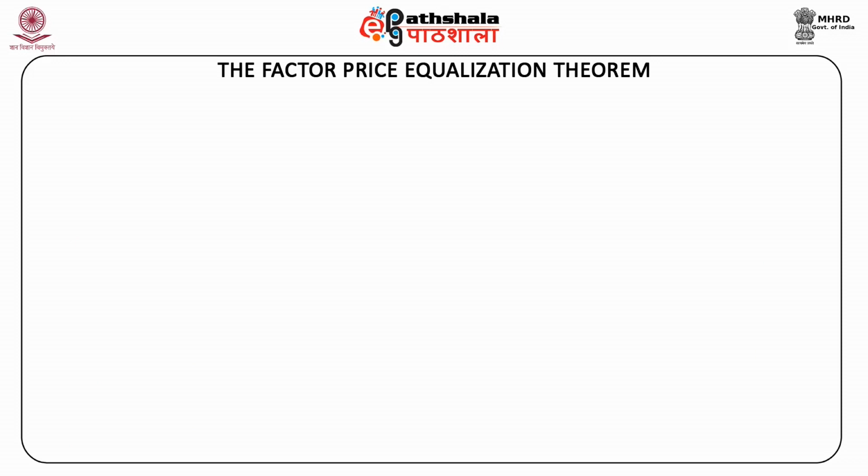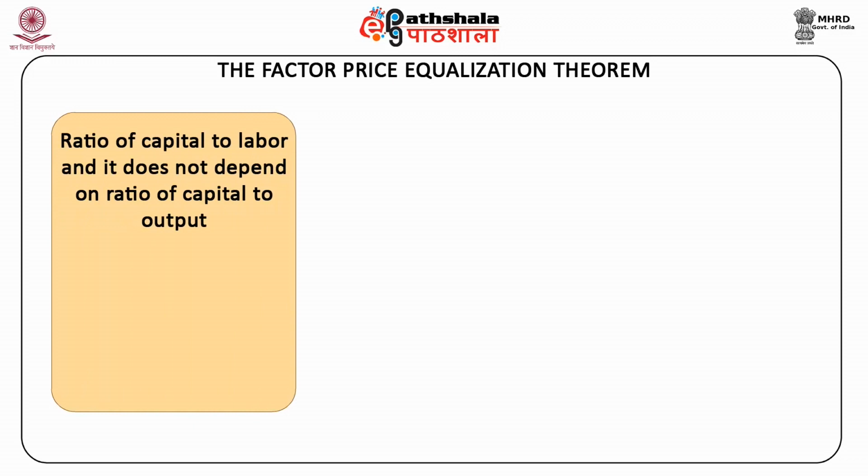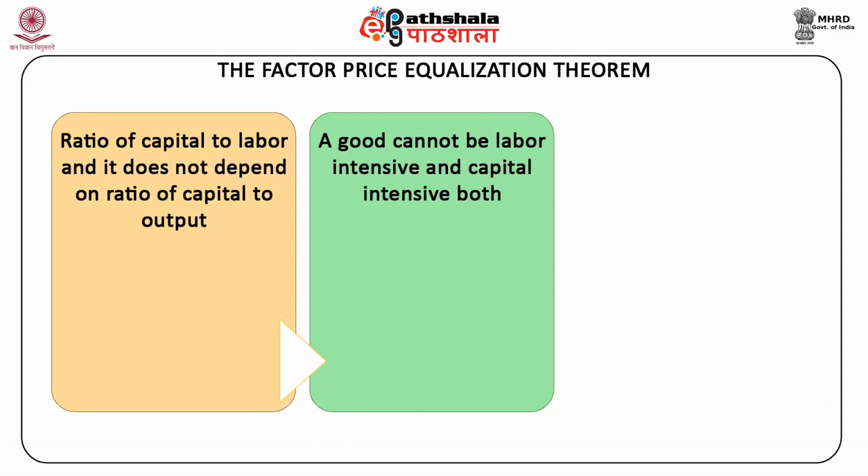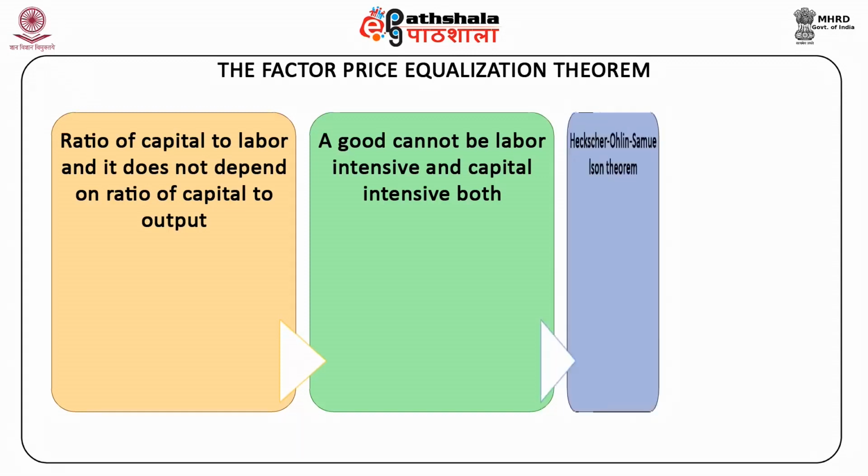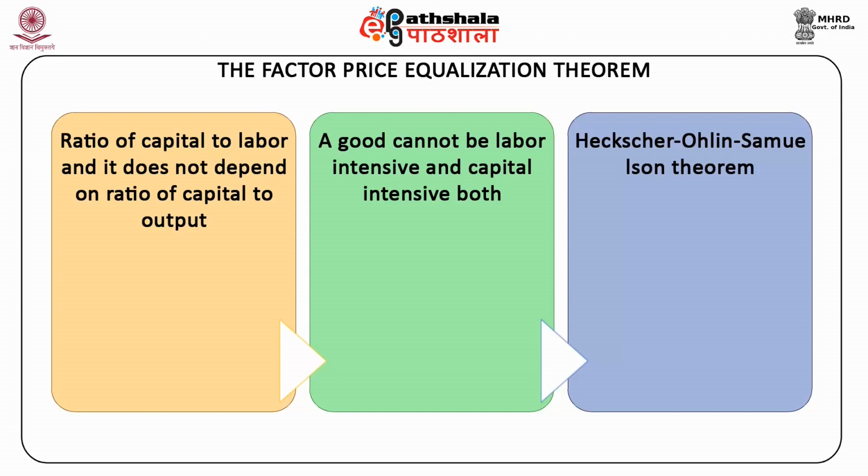The definition of factor intensity depends on the ratio of capital to labor, and it does not depend on the ratio of capital to output. It means a good cannot be both labor intensive and capital intensive. Since this theorem follows directly from the H-O theorem and was developed by Paul Samuelson, it is also referred to as the Heckscher-Ohlin-Samuelson, HOS, theorem.